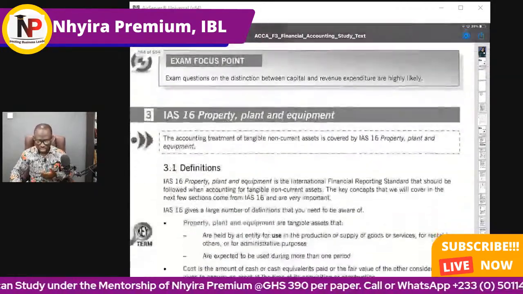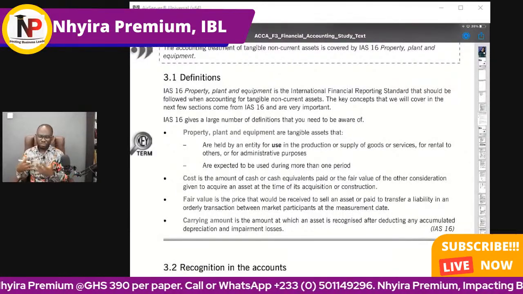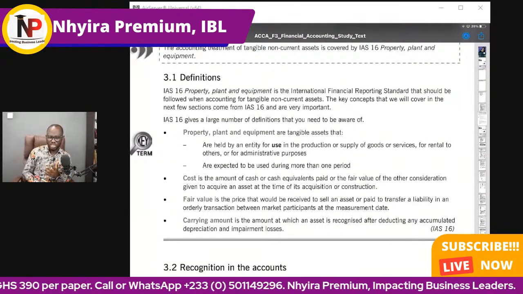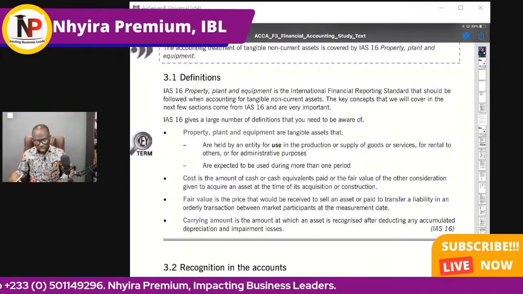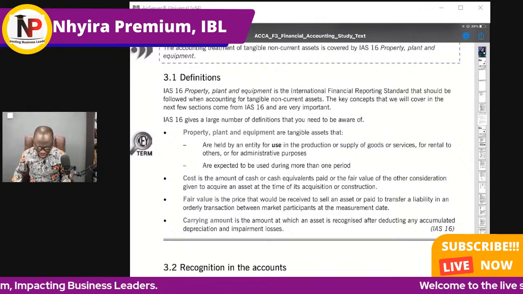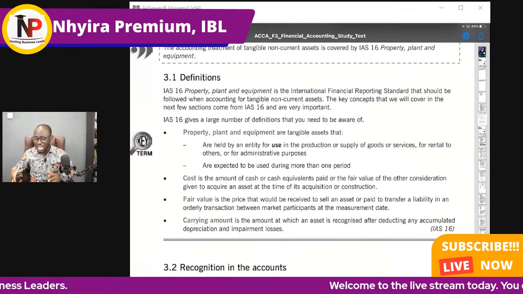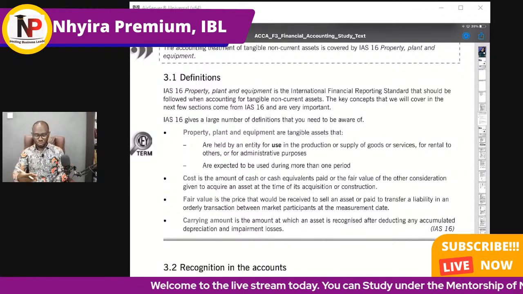So these are the things you need to understand about that. Now that we've distinguished between revenue expenditure and capital expenditure, let's dive a bit deeper into IAS 16 and begin the journey of what exactly IAS 16 wants us to know and wants us to do.